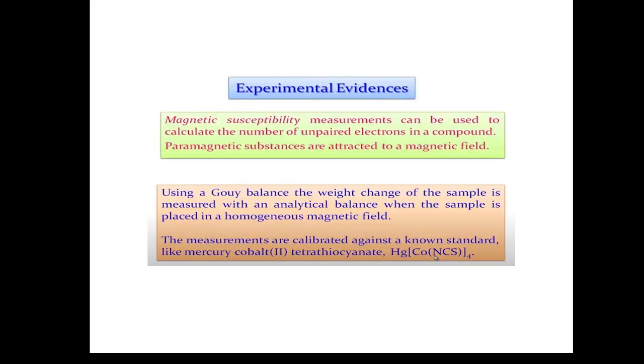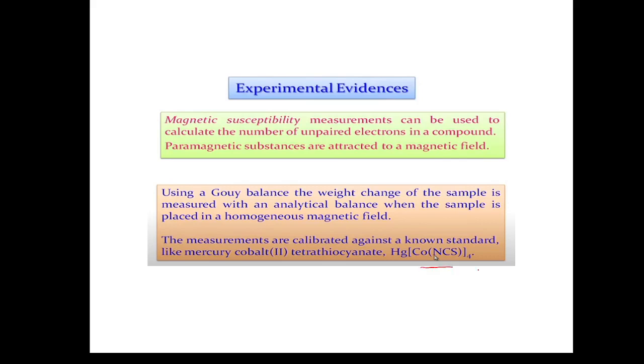So now, this is the experimental evidence. How do we basically measure the magnetic susceptibility? There are two methods. One is the Gouy balance and the other is the SQUID. In the Gouy method, you have a reference sample.